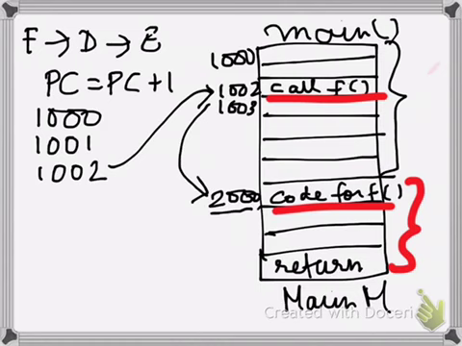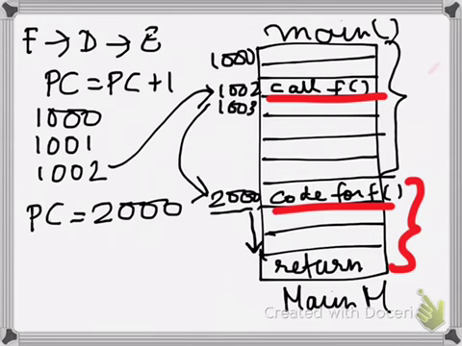Coming back to the function: when we try to execute the instruction call f at address 1002, the program counter is loaded with the starting address of the code for function f, and then it keeps on executing the instructions thereafter: 2000, 2001, 2002 and so on.